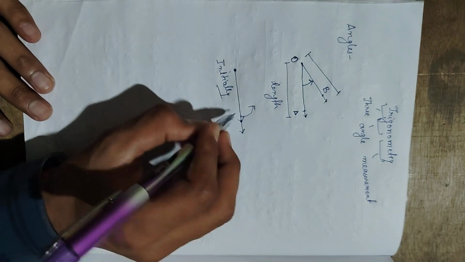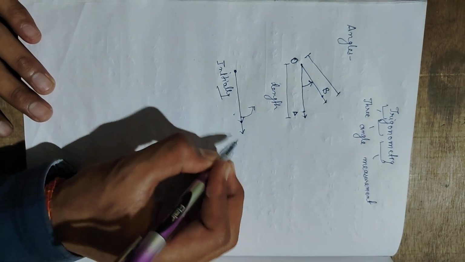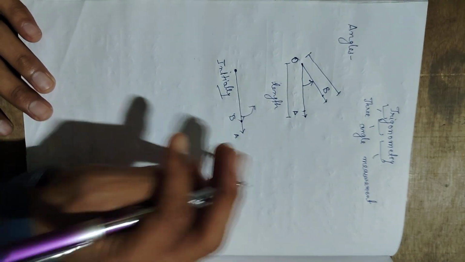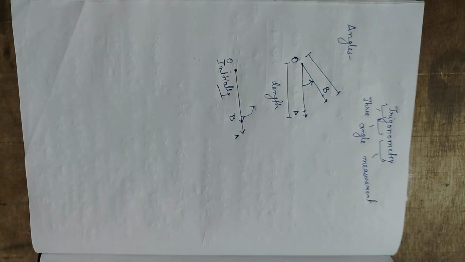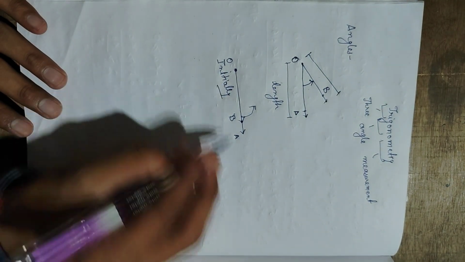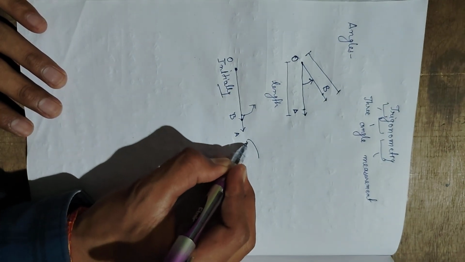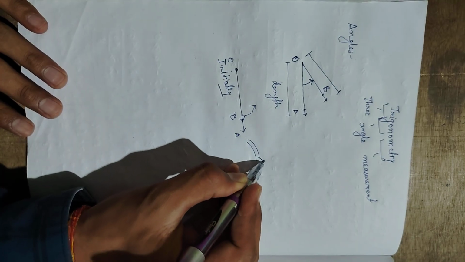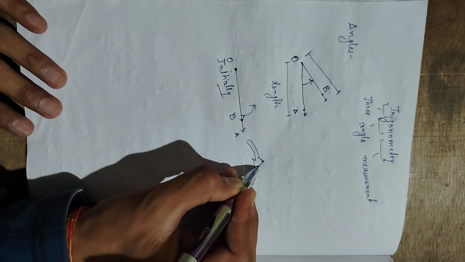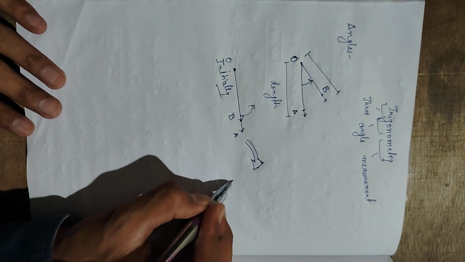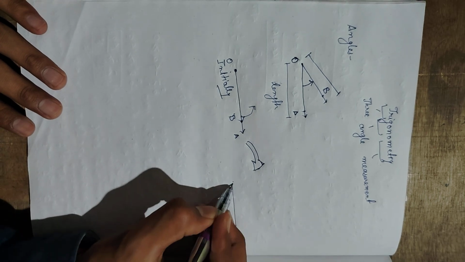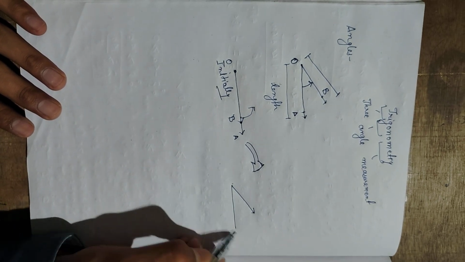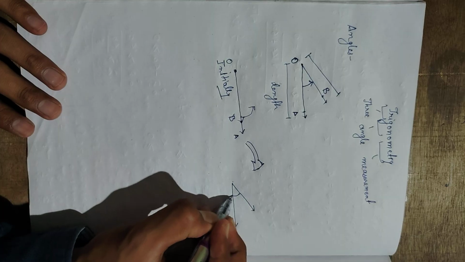Let's say this is A, this is B, and OB starts to rotate. Then it forms an angle, and that's the angle.